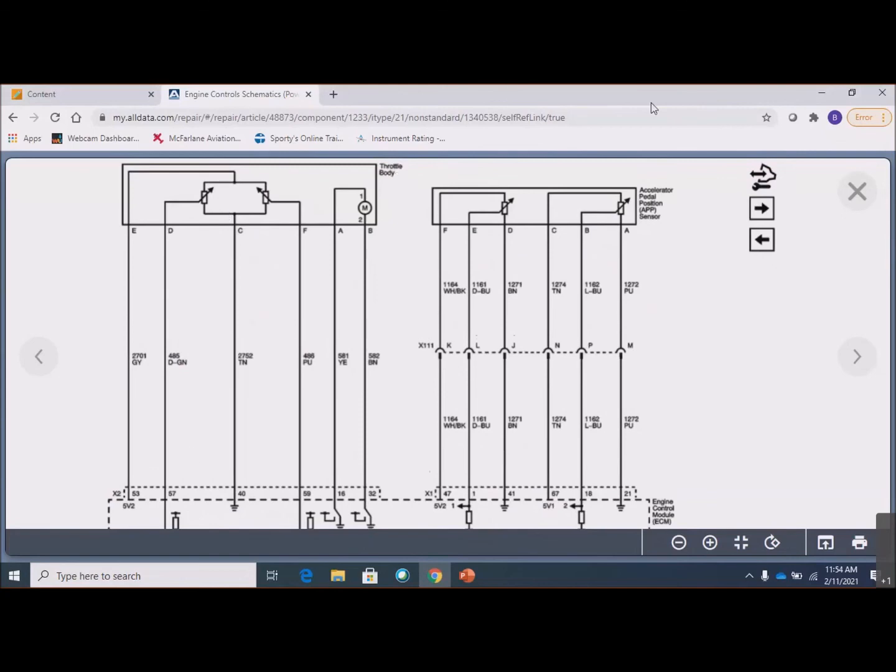It has 5 volts, but then it goes to both sensors, right? And the ground wire goes to both sensors. So they share the reference voltage and the ground, and then they each have their own unique throttle position 1, throttle position 2 going out.